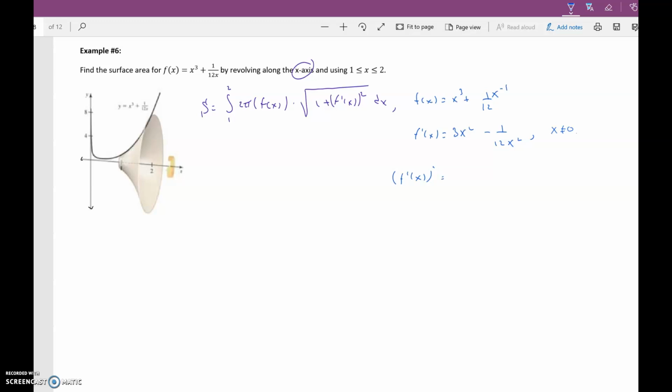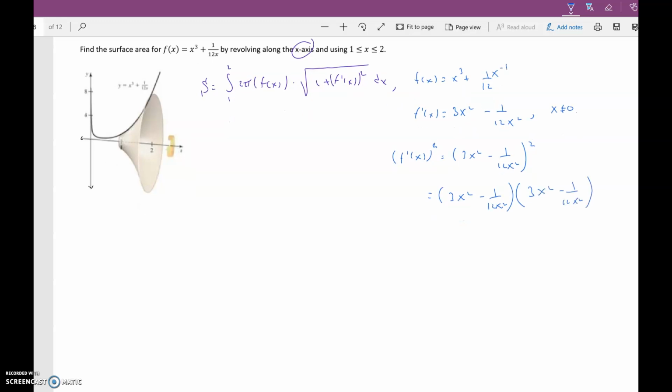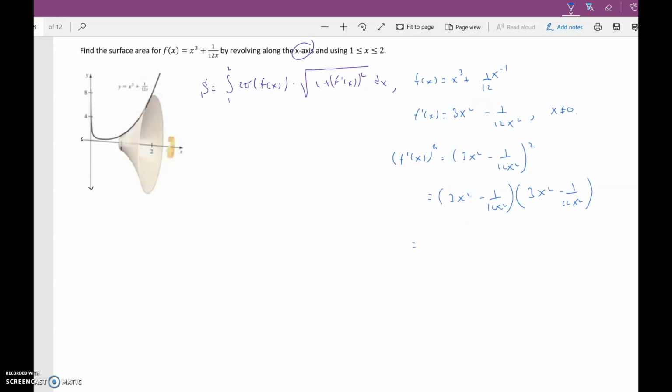This is going to be expressed as follows. 3x squared minus 1 over 12x squared, squared, represents 3x squared minus 1 over 12x squared times itself. As we FOIL this one, remember that we're multiplying the 3x squared times those two, and then the negative 1 over 12x squared times those two. The first term that shows up is 9x to the fourth.